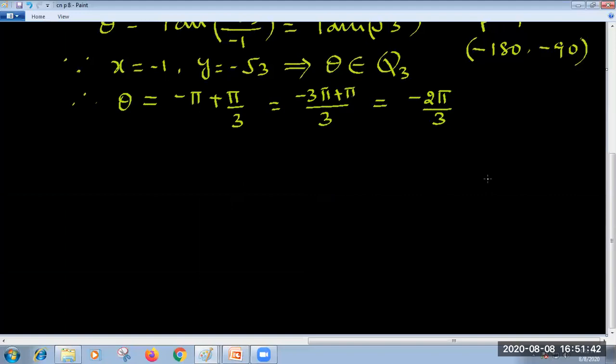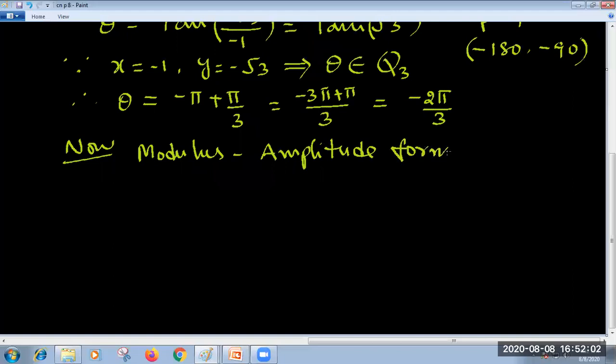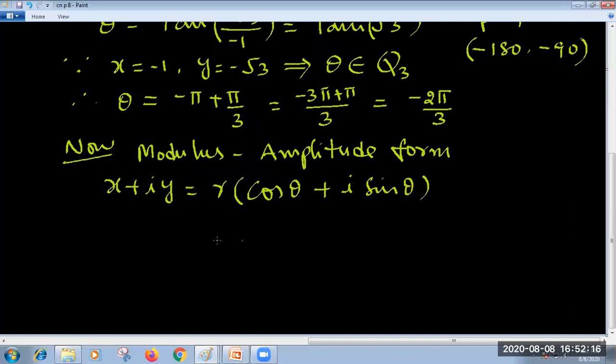Now we have to write the modulus amplitude form. For any complex number x plus iy, the modulus amplitude form is r into cos theta plus i sin theta.